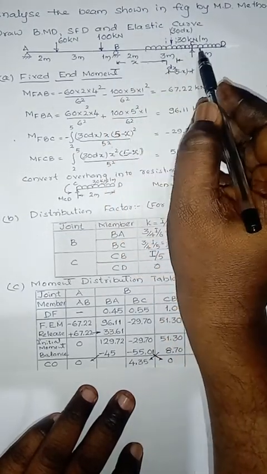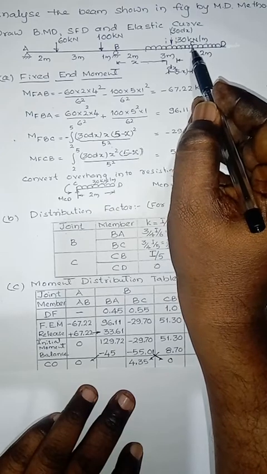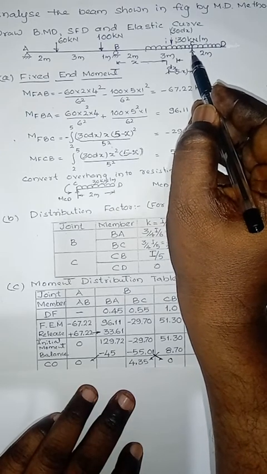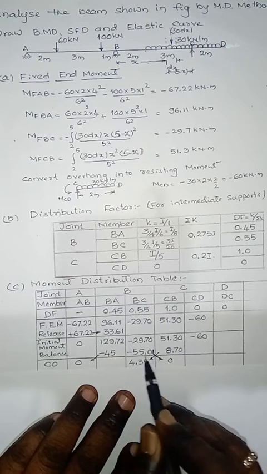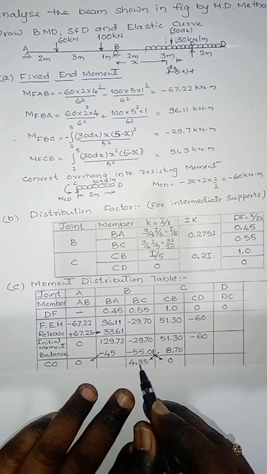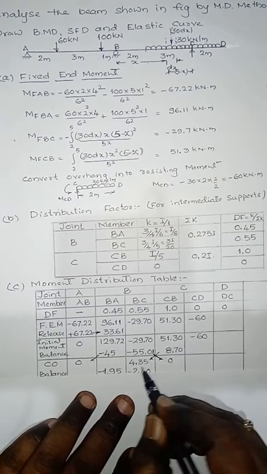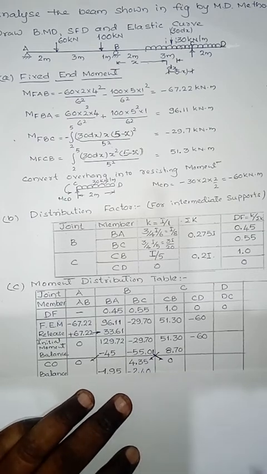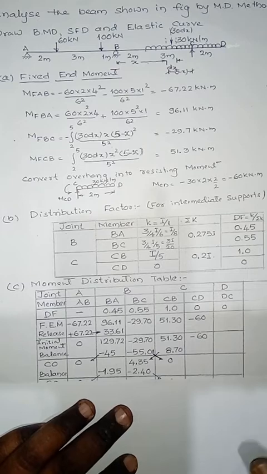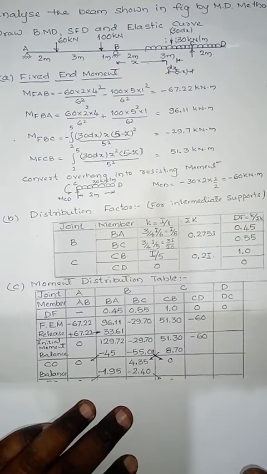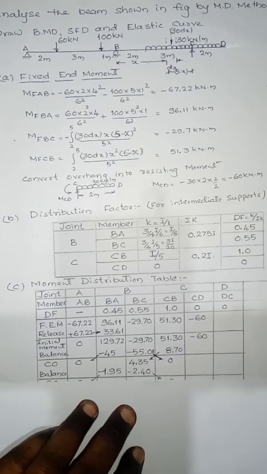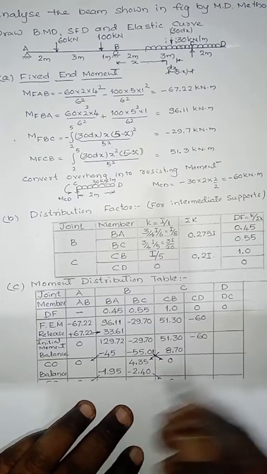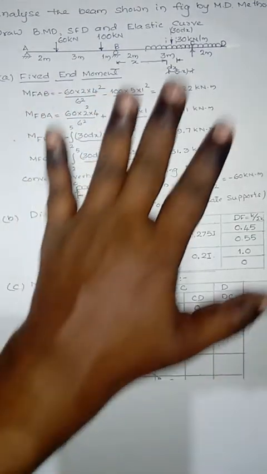Here it is not fixed, it is the end support, hence there is no carryover. Then again there is an unbalanced moment of 4.35, which we have to balance.